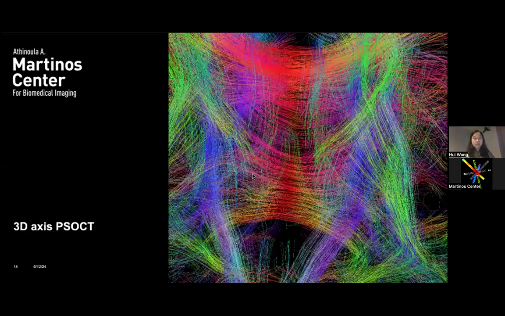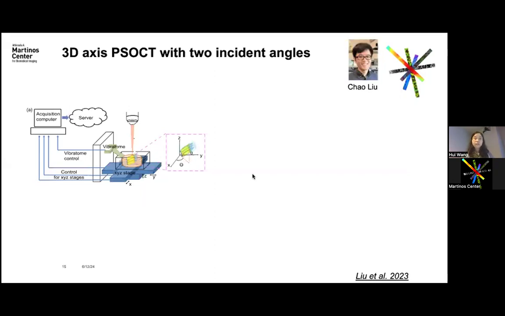So, like Bruce said, so far we're showing fibers in the plane. That's 2D, but in order to recover the connectivity fully, we actually need 3D fiber orientation. Traditional PSOCT has one illumination that's perpendicular to the tissue surface, and we're looking at the in-plane orientation, which we call theta.